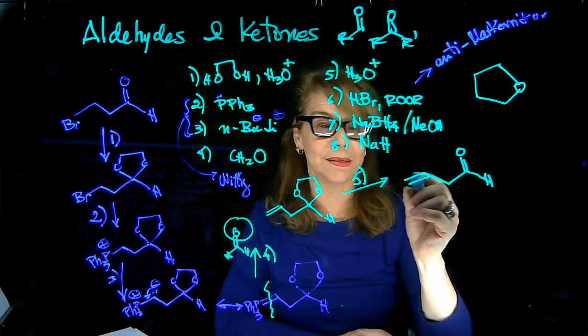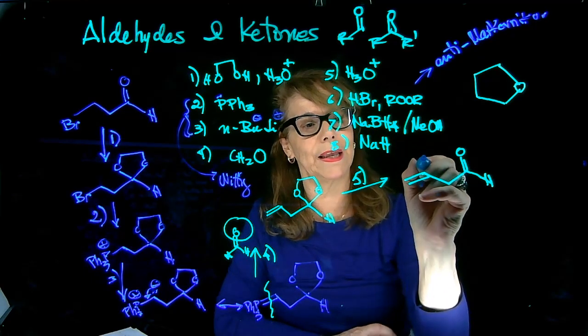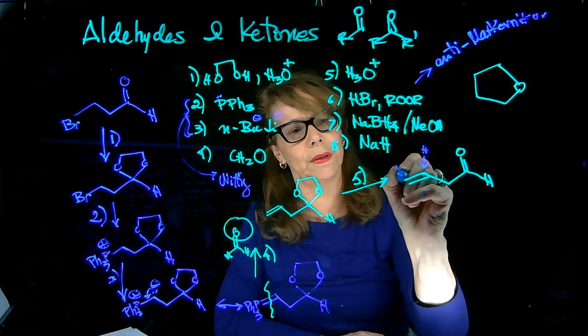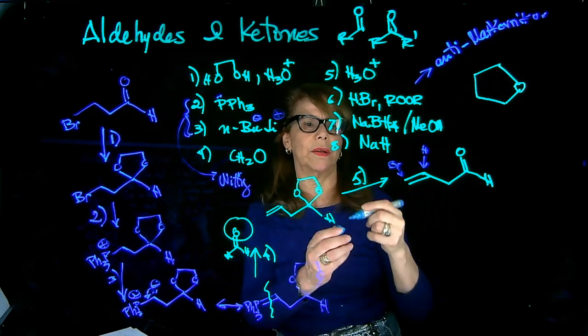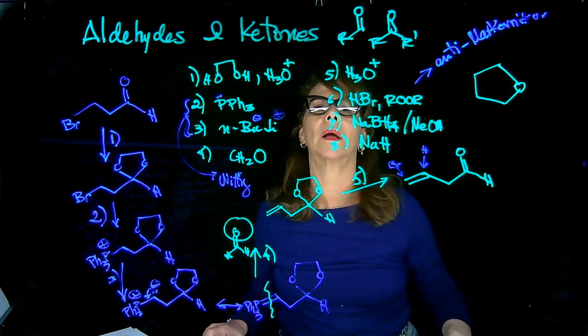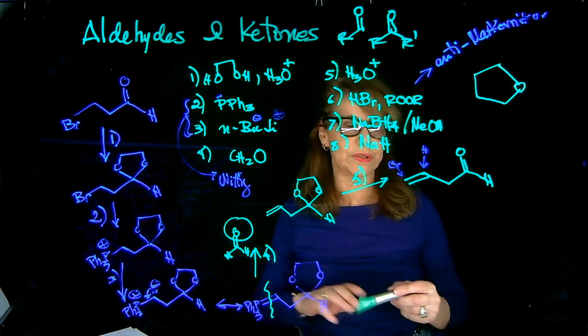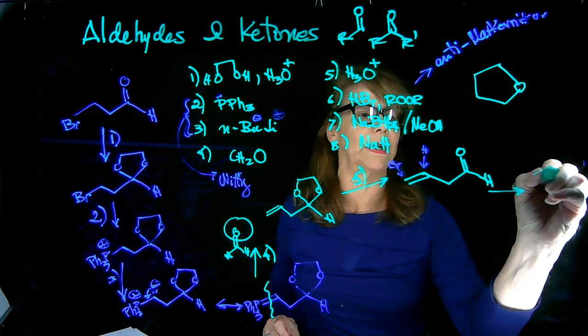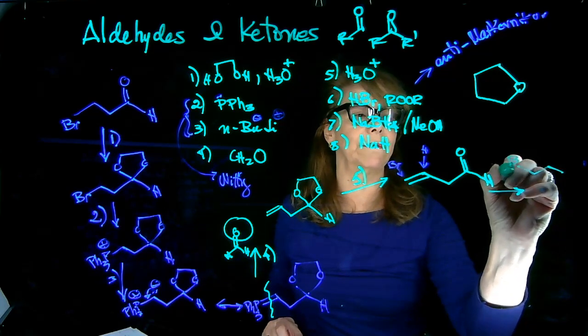What that means is that I'm putting the H here and the bromine there. So when I do reaction 6, which is the anti-Markovnikov, the product I will end up having is a bromine right at the end.